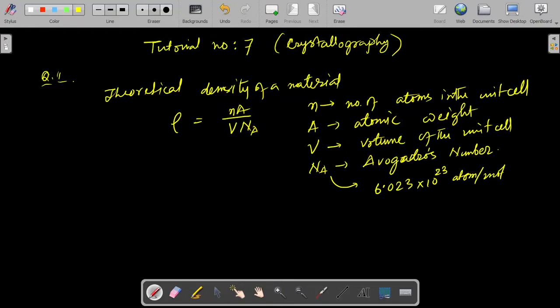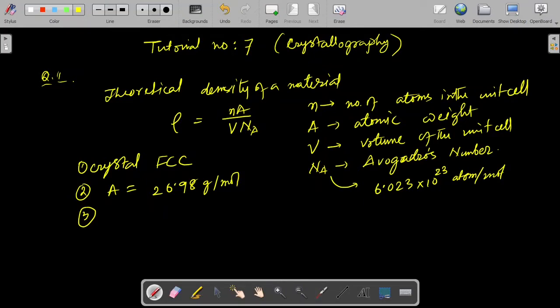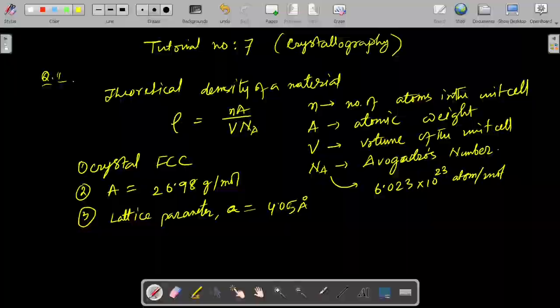So in this case, the given data are: first, the crystal structure is FCC. Second, atomic weight is given as 26.98 gram per mole. And third, the lattice parameter is given as 4.05 angstrom, right?